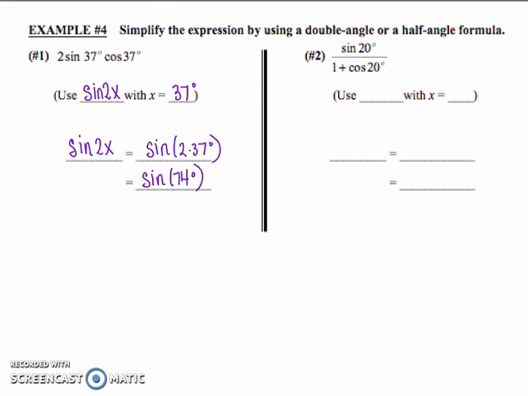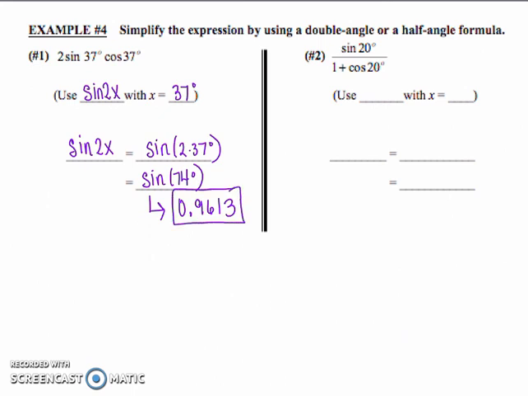And in this case, 74 degrees is not a nice value for us on the unit circle. So we grab our calculator, make sure that you are in degree mode, type that in, and we should get 0.9613, rounding to 4 decimal places.